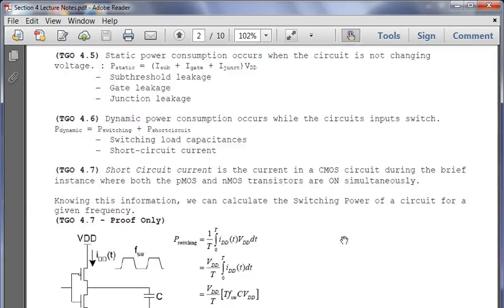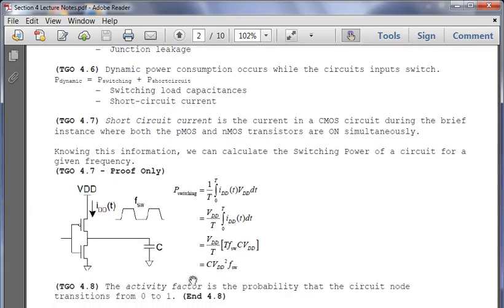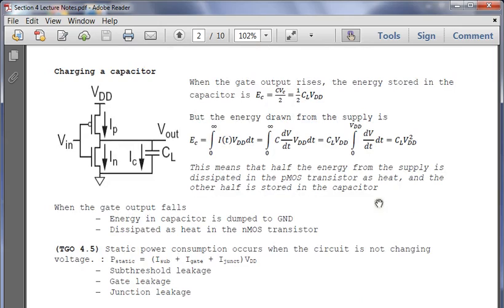The power being consumed during a switch is going to be the load capacitance times the supply voltage times the switching frequency times that time. And if you multiply T times frequency, they'll cancel out. So as we showed here, it'll come back out to CL VDD squared. So now we know that everything matches up.